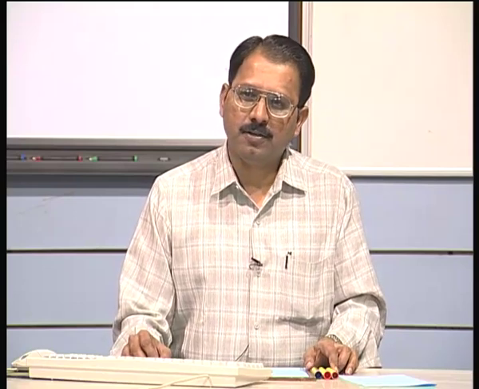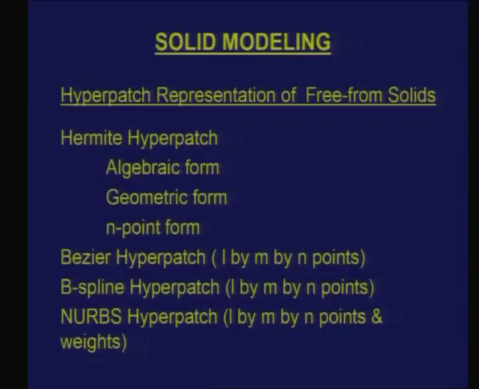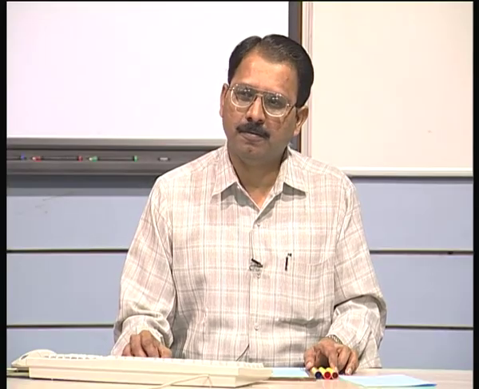Then one can also define an endpoint form, just like we have a parametric cubic curve, which is defined by interpolating 4 points, or a bicubic Hermite patch, which is defined by interpolating 16 points in space.